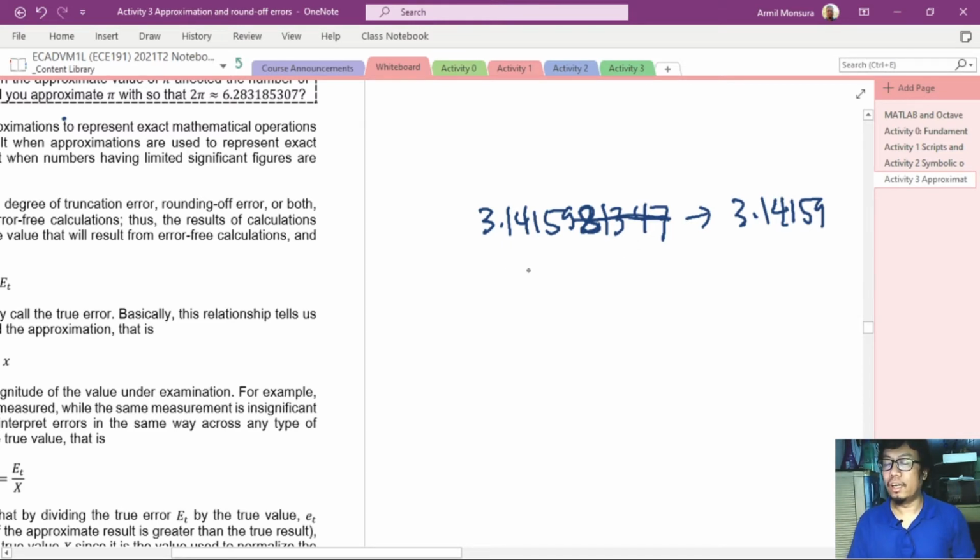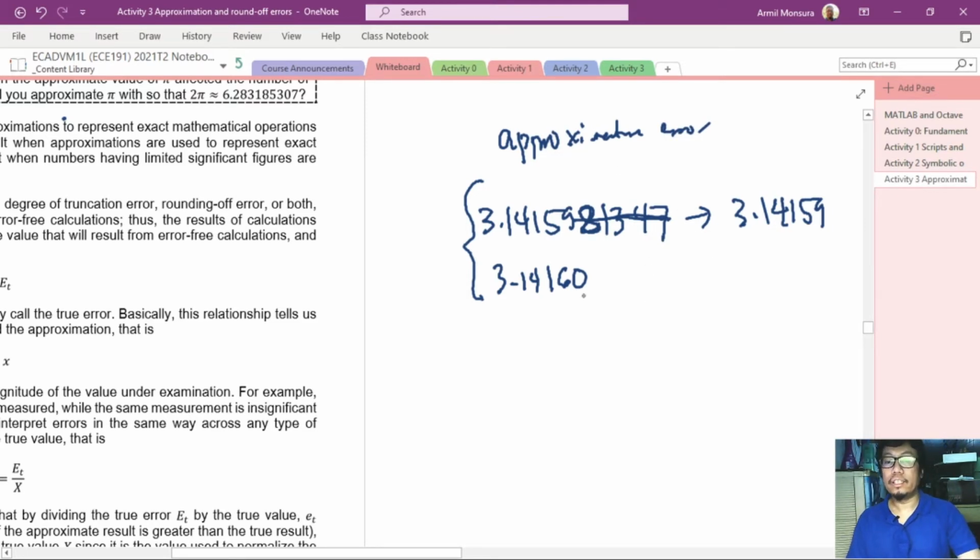The round off is different, because rounding off makes it 3.14160. So if you do this, you are committing an approximation error because you're doing that on numbers.